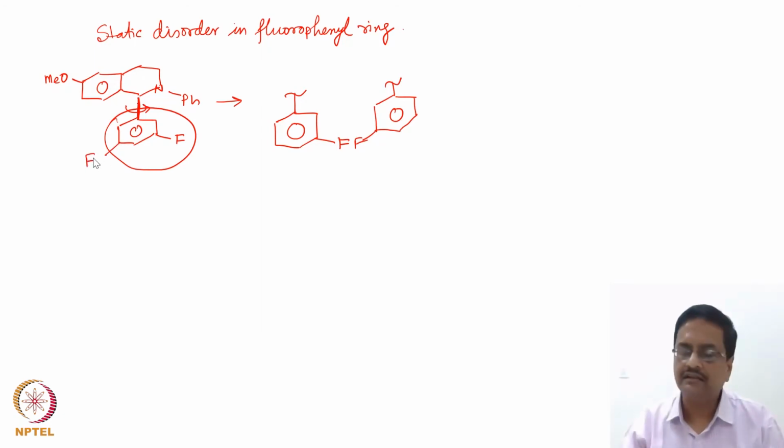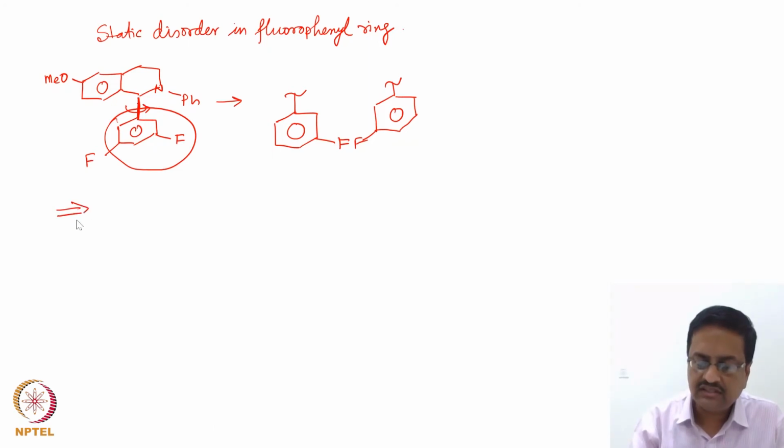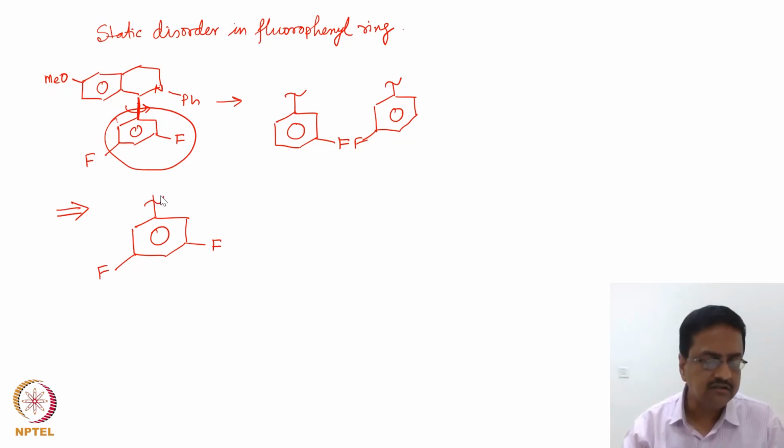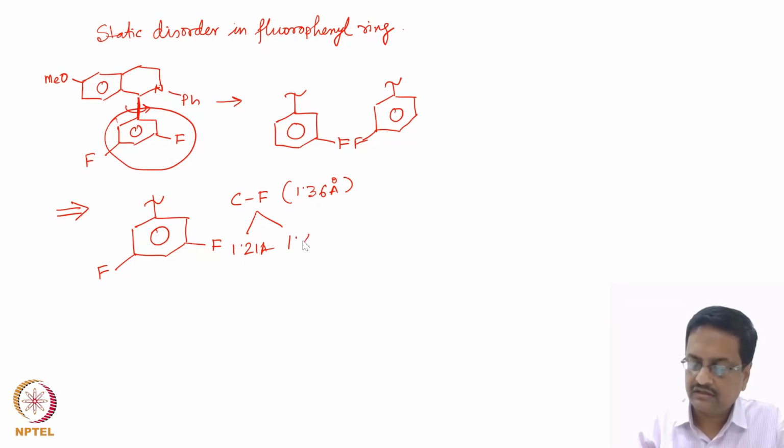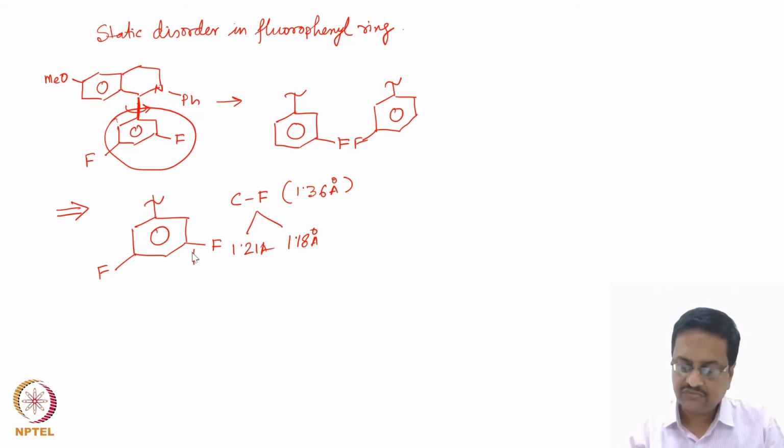So what we see in the structure as an average is that fluorine appears here, fluorine appears there, but the C-F bond length, which ideally should be 1.36 angstrom, is deviated to 1.21 angstrom and 1.18 angstrom, which indicates that there is something wrong in these positions.